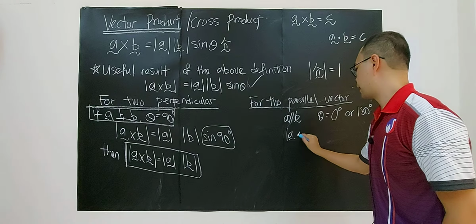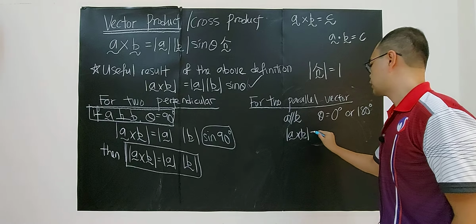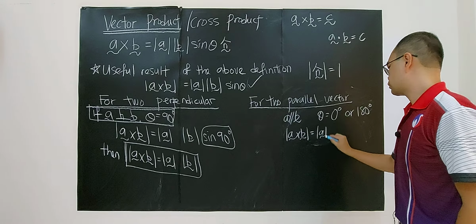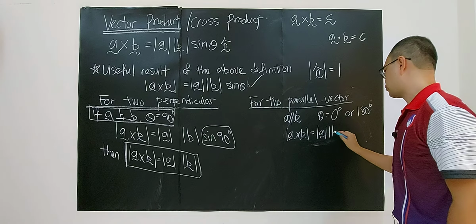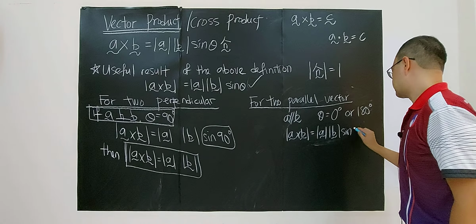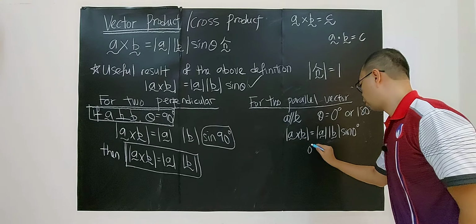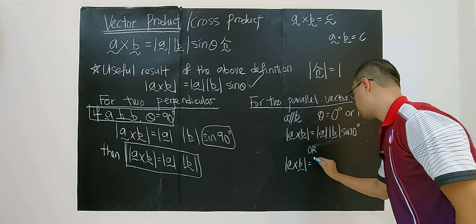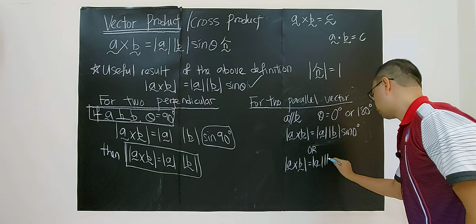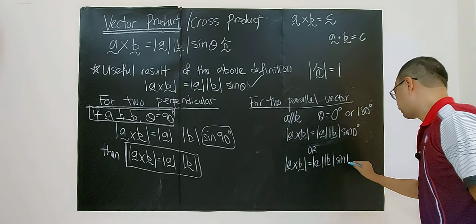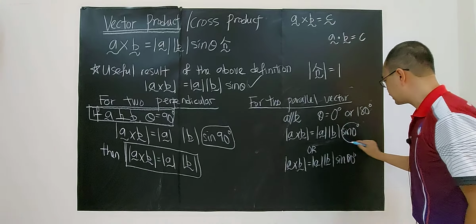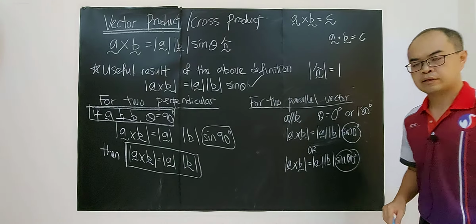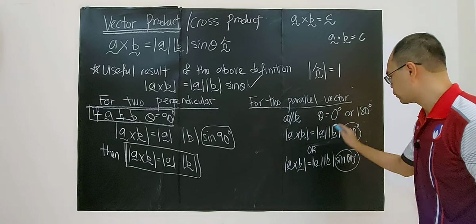The magnitude of A cross B is equal to the magnitude of A, magnitude of B, sine 0 degrees, or the magnitude of A, magnitude of B, sine 180 degrees. As sine 0 and sine 180 degrees give you the value of 0, this whole thing will become 0.